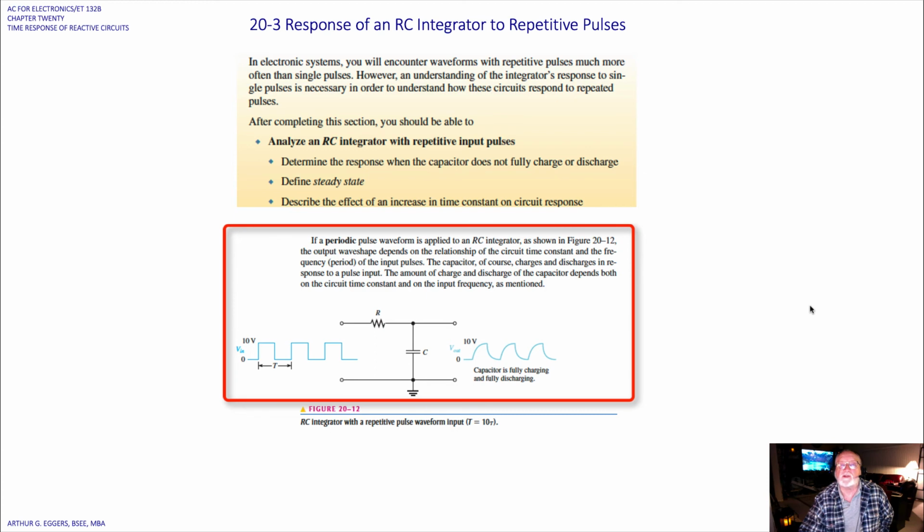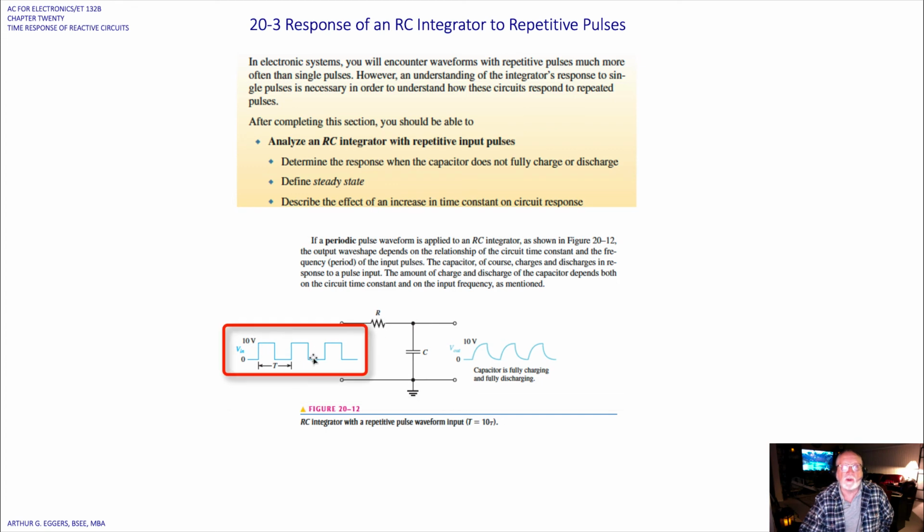The capacitor, of course, still charges and discharges in response to a pulsed input. The amount of charge and discharge of the capacitor depends upon the circuit time constant and the input frequency. Look at the waveform here and study it. It gives us the period, the amplitude, and what we expect to see on the output.